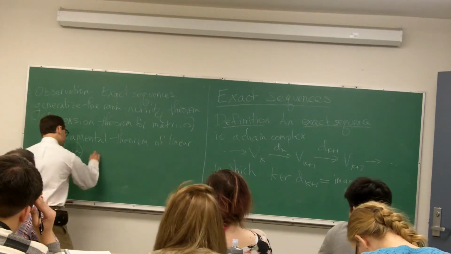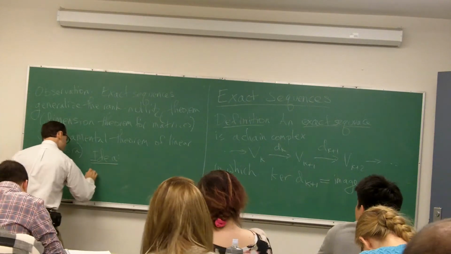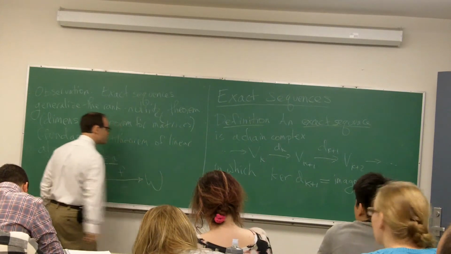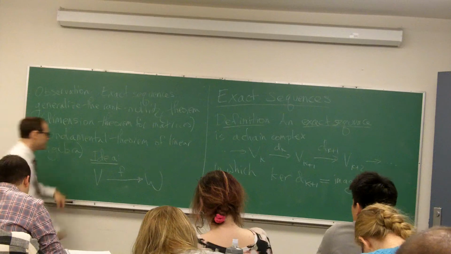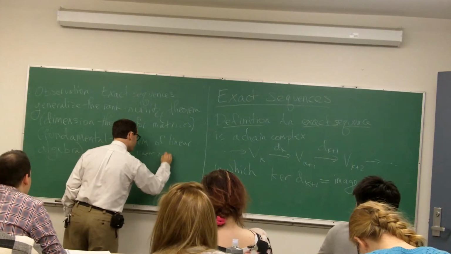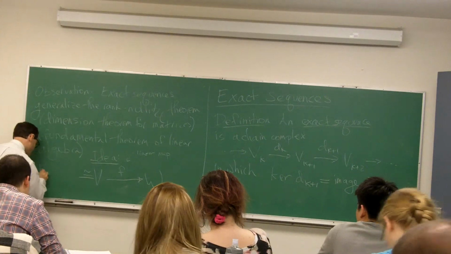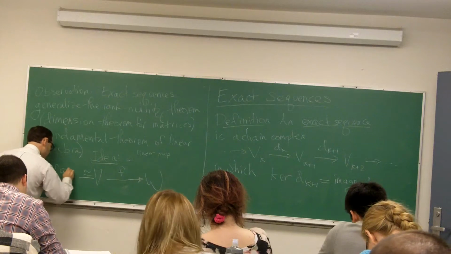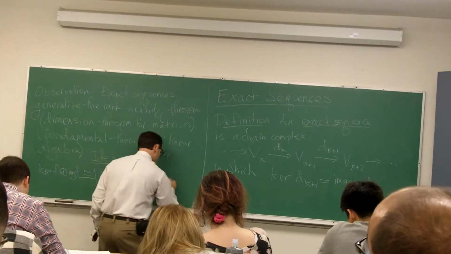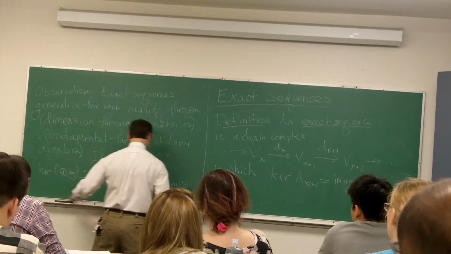So the idea is very special thing about linear maps. This is not true in general maps. The idea is if I have a linear map, is that really this thing here is isomorphic to the kernel plus the image. And this thing over here is the image plus the co-kernel.